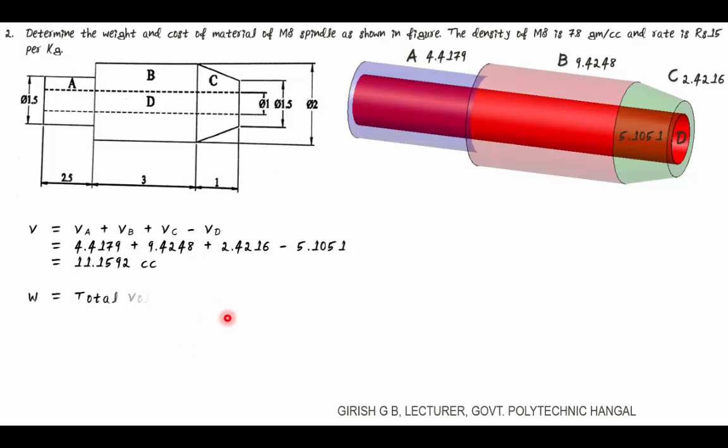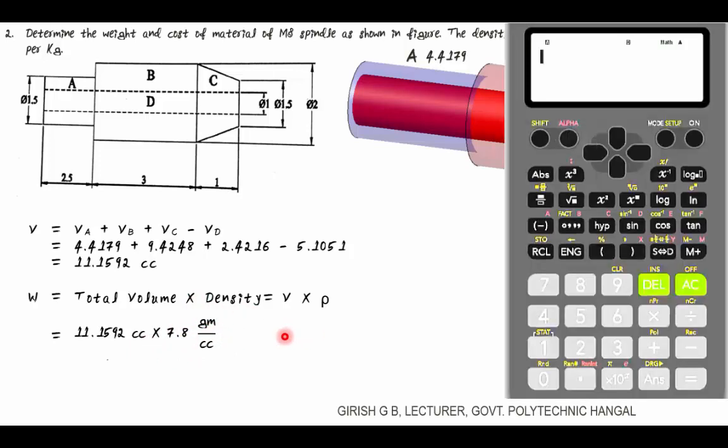The next step is to determine the weight. Weight is nothing but total volume into density, that is capital V into rho. The density is given as 7.8 gram per cc and volume is 11.1592 cc. cc gets cancelled and we are going to remain with the grams. Let's find its value.